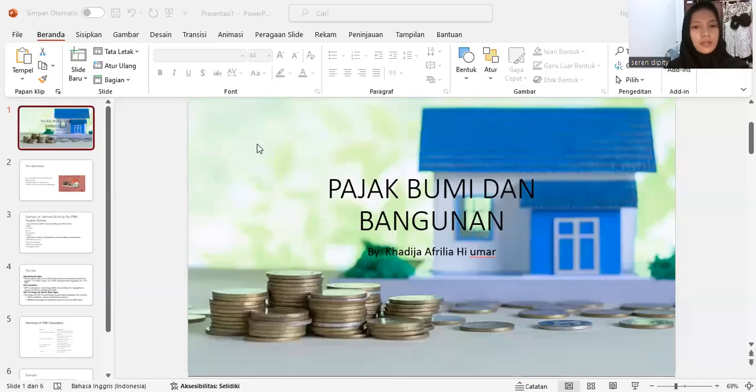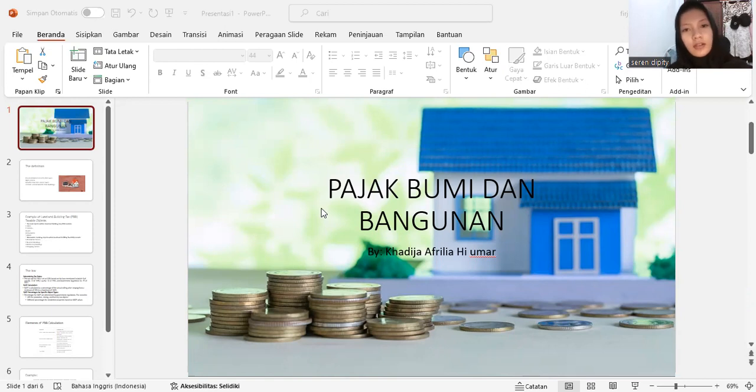Okay, so as the owner of land or buildings, you are probably familiar with the term pajak bumi dan bangunan. This tax must be paid annually and should be calculated according to the applicable regulations. However, the complex calculation often makes people confused about how to count it.